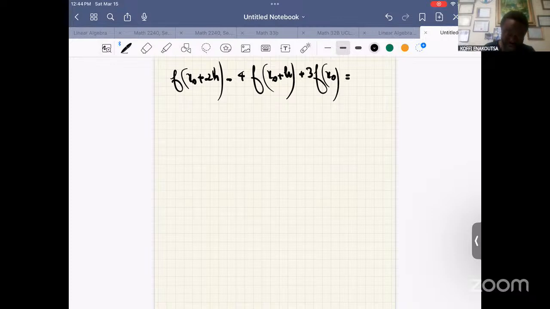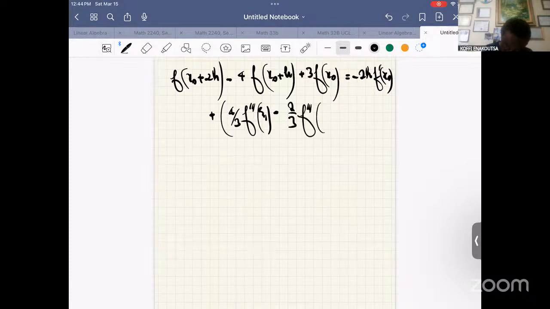So minus 2h f prime at x0. And then you add to that 4 thirds f triple prime C1. And when you simplify, 4 divided by 6 is 2 thirds f triple prime of C2, close the bracket.